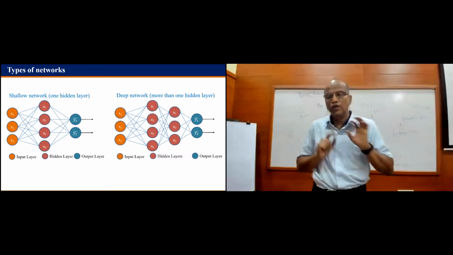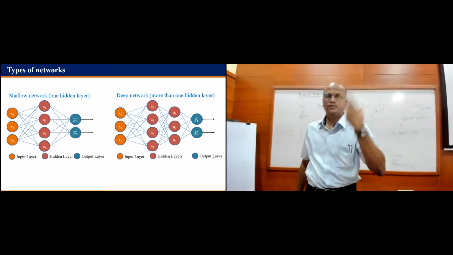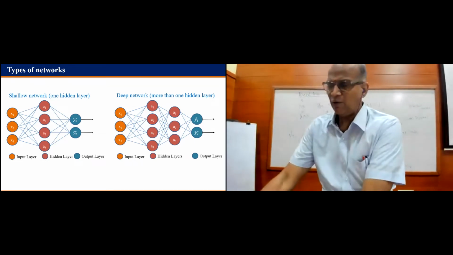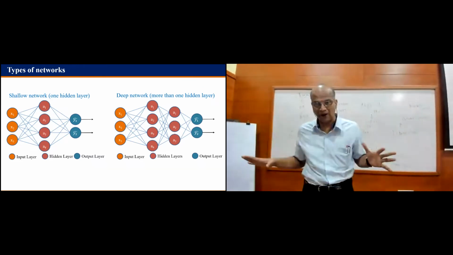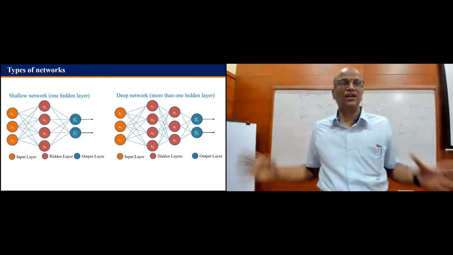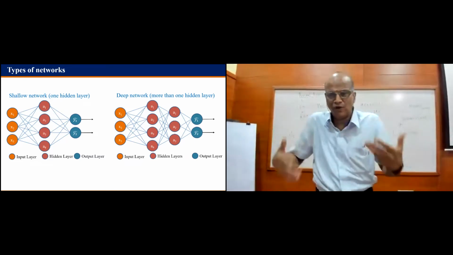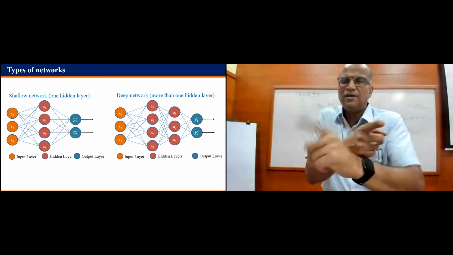All right. So in a problem, sir, how many hidden layers should be there? There is a theorem which says that even one is sufficient. I think more than two hidden layers are not required, unless there is a very tough nonlinearity and so on. Also, once you have more and more hidden layers and neurons, the number of arrows crisscrossing each other will be too many.